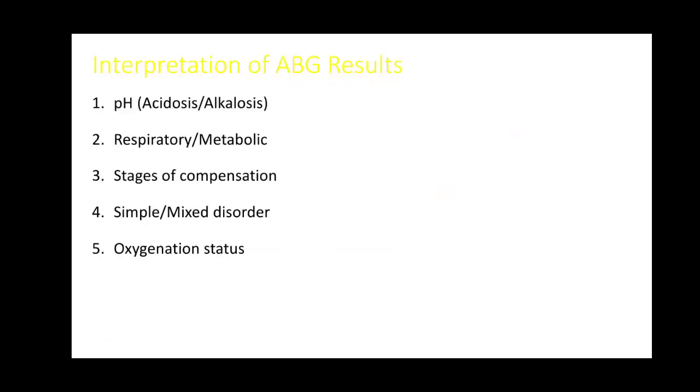So for the interpretation of ABG results, from the pH we can identify whether the patient is in acidosis or alkalosis, and whether it is respiratory or metabolic acidosis or alkalosis, and the stages of compensation also we can check, and whether it is a simple or mixed disorder, and the oxygenation status of a patient.